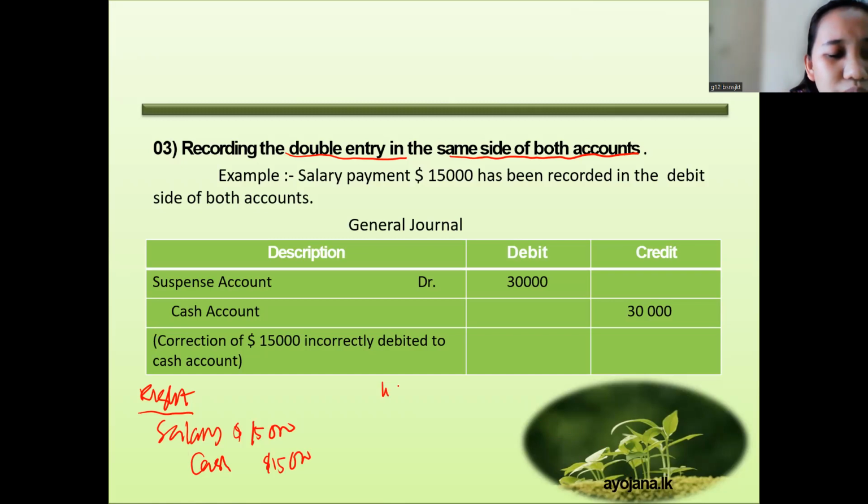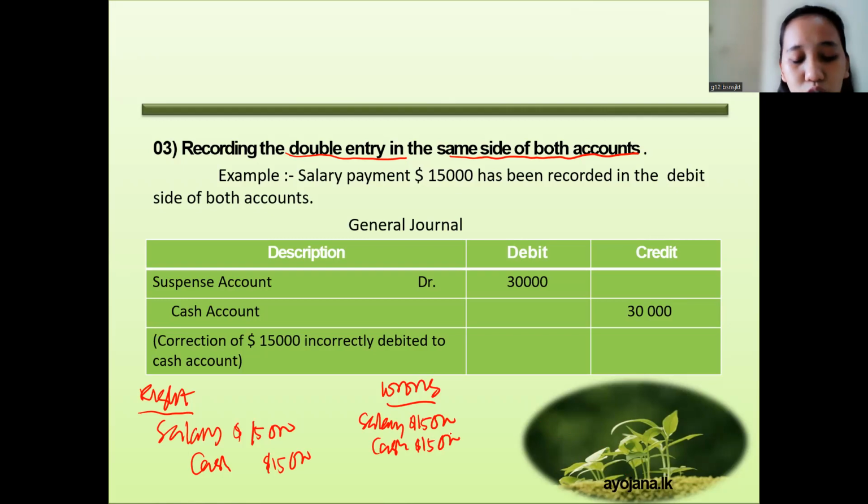But instead of writing like that, we put it like this: both recorded on the debit side. So salary 15,000 and cash 15,000. So the total debit is definitely correct.